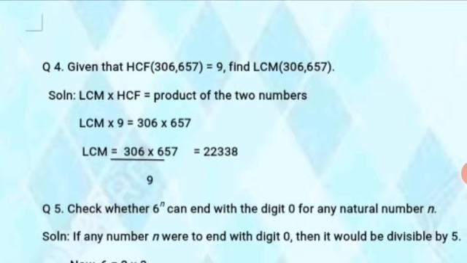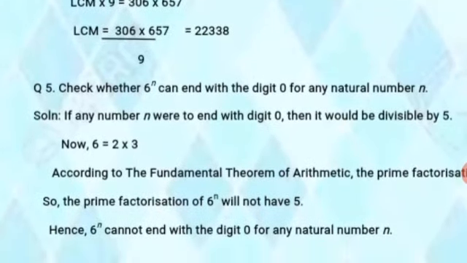We are going to use the mathematical statement that we have just proved. That's why it is written that LCM into HCF equal to product of the two numbers. We have substituted the known values. So LCM is written as it is, whereas HCF is 9, and the product of the two numbers is written as 306 multiplied by 657. The rest is all mathematical. You get the LCM to be equal to 22338. Now, question number 5.